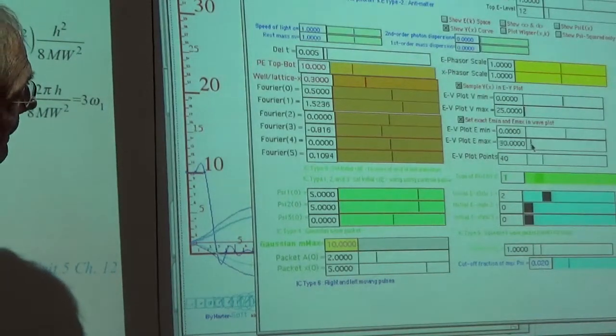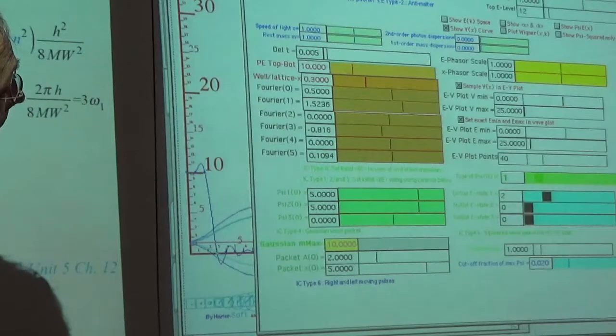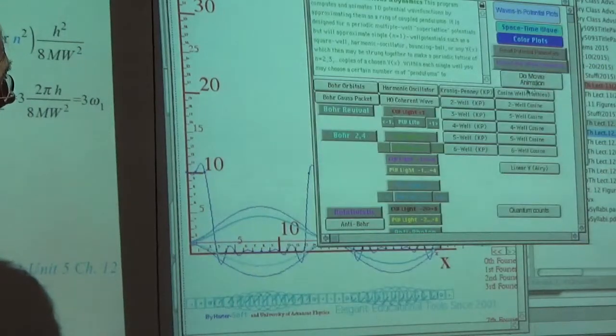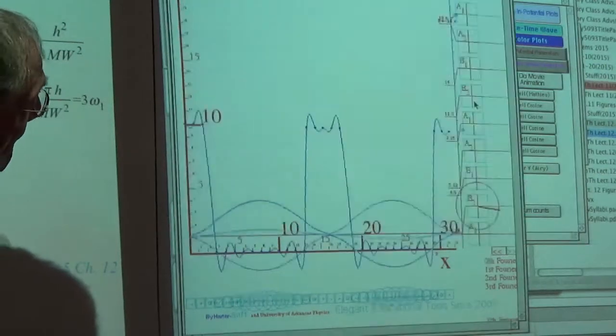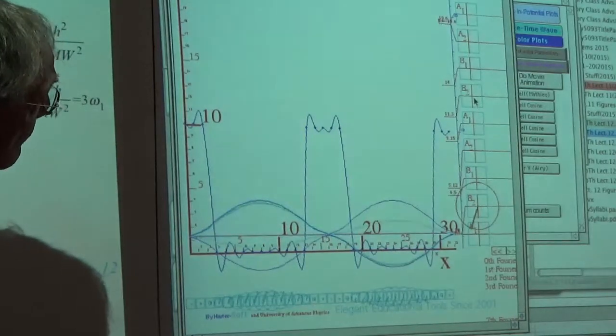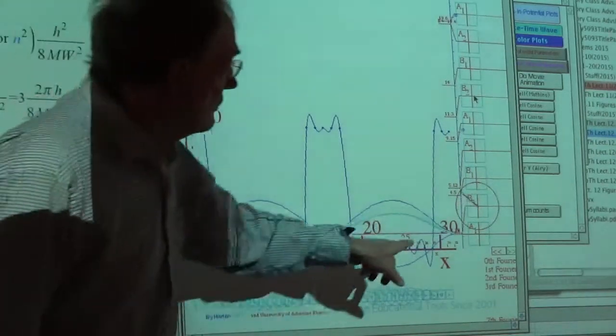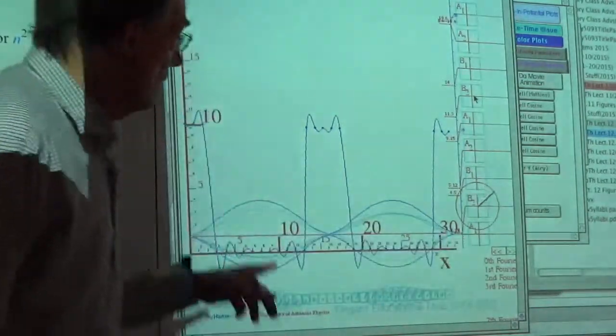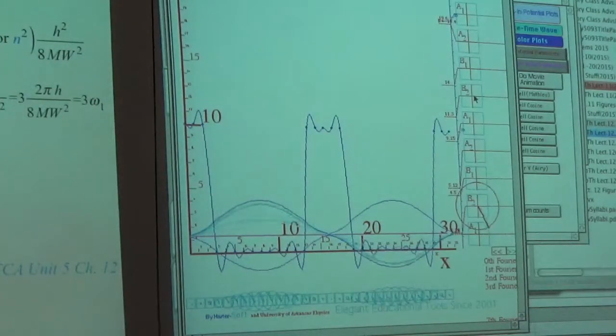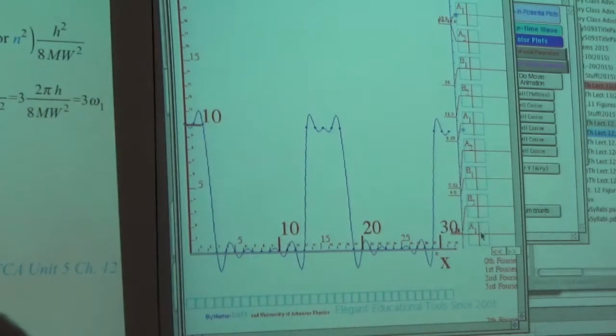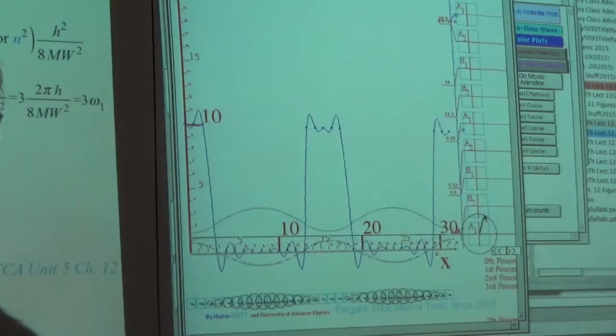I'm going to bring this down to 25 or so here, and run it again. That way you can see there's a tiny, tiny splitting between this state right here, the second state. Let's zero it out and start the ground state. And this is quite interesting to see.